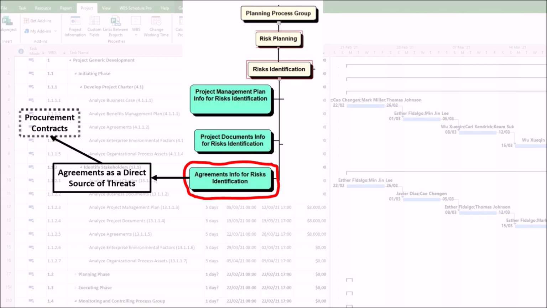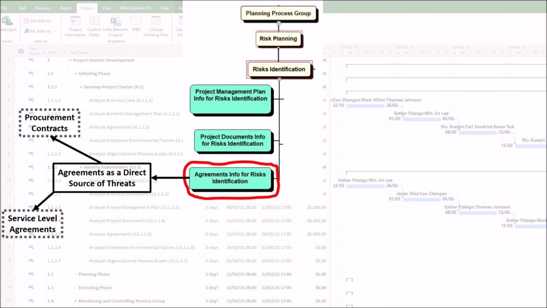Another significant threat is the possibility that the quality of the delivered goods does not meet the contractual specifications, leading to rework, rejection, and cost overruns. The last significant threat is that cost-plus fixed-rate contracts can lead to budget overruns if not managed carefully.